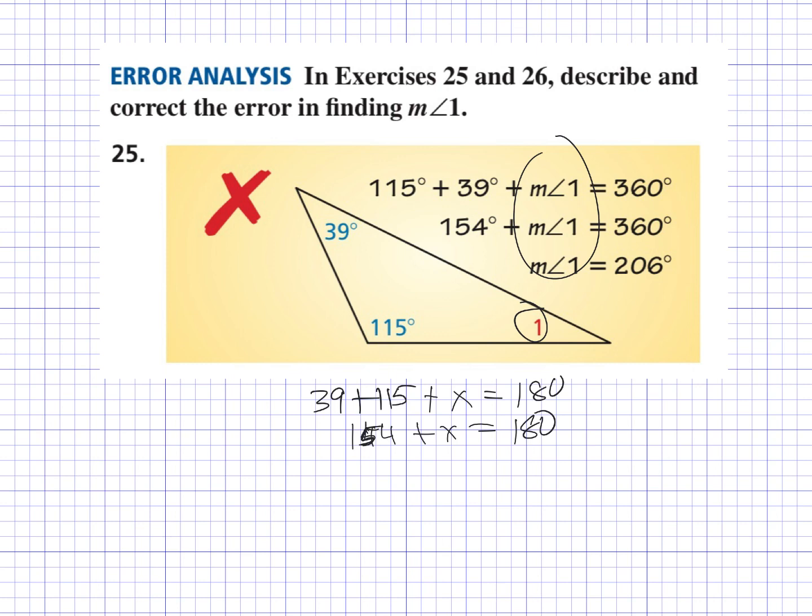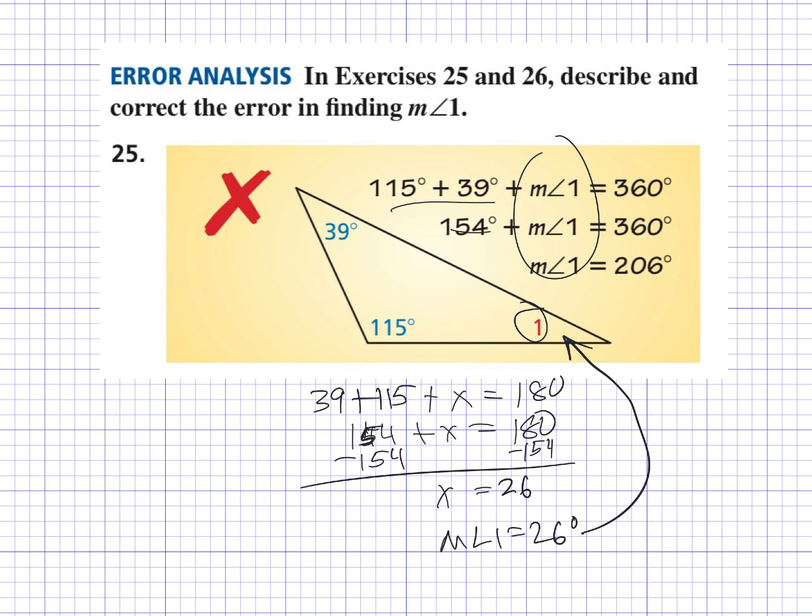And we subtract 154. So x equals 26. All right, so the measure of angle 1 is equal to 26 degrees. So what did they do wrong? They put these together, that's 154. Oh, they said it equal to 360. That was what they did wrong.